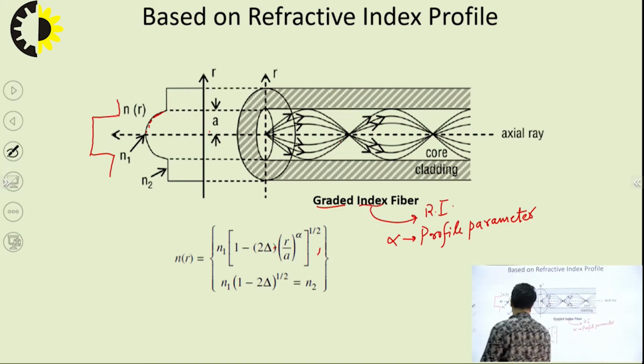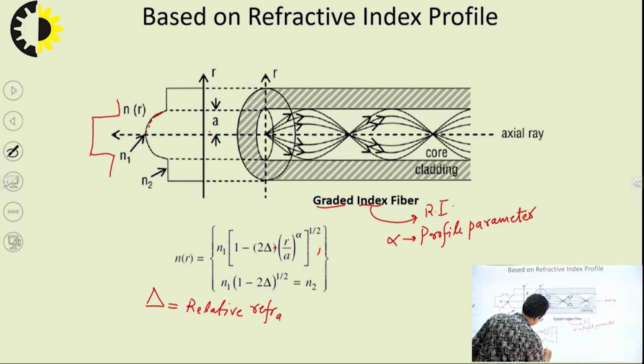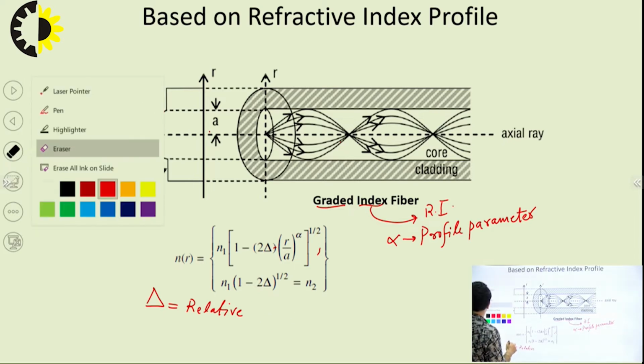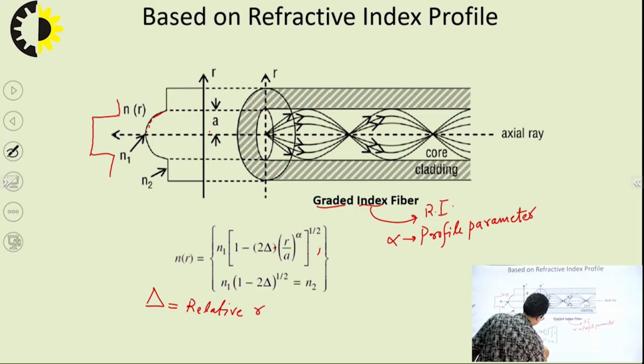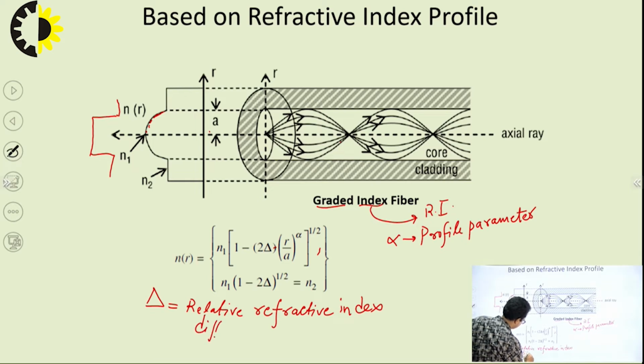What is this delta? We have already discussed delta in our previous module. Delta is the relative refractive index difference.